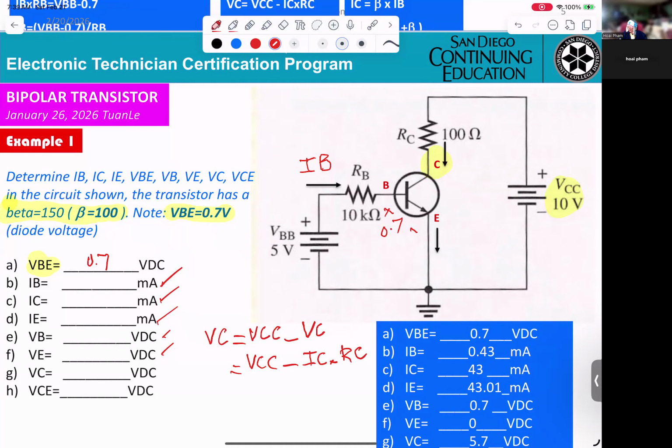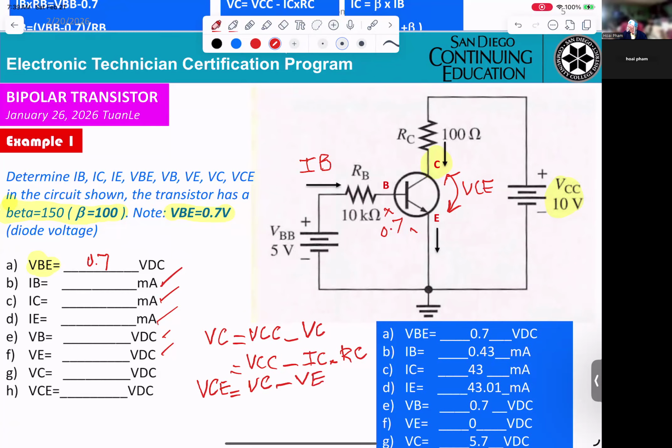Okay? And now they want the VCE. That means the voltage here. VCE equal VC minus VE.